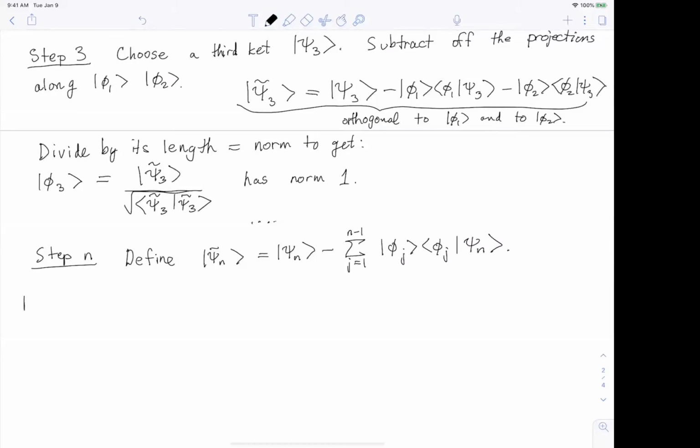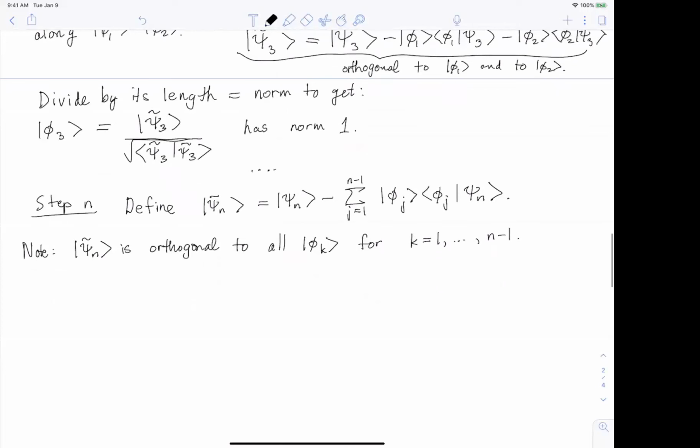Okay, so note psi tilde n is orthogonal to all the previous orthonormal basis vectors, all the previous phi sub k's, for k equals 1 up to n minus 1. Okay, and let's just check that.